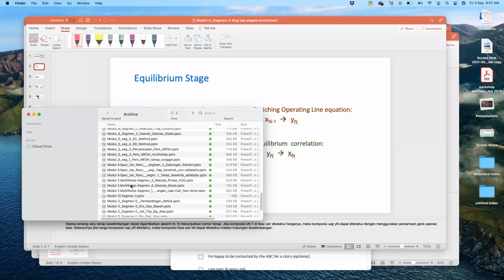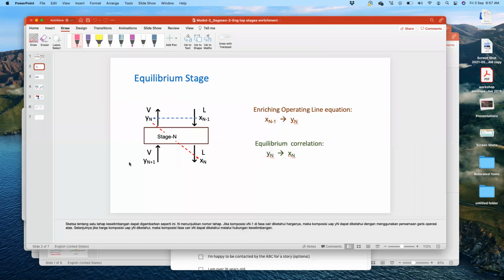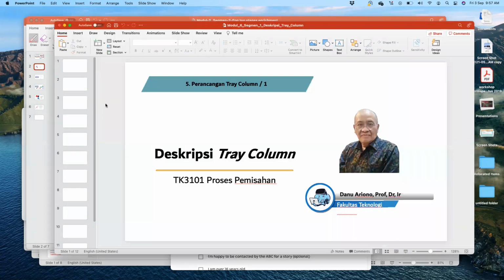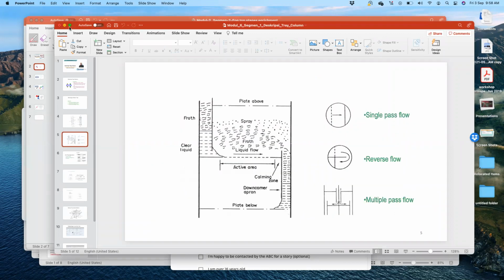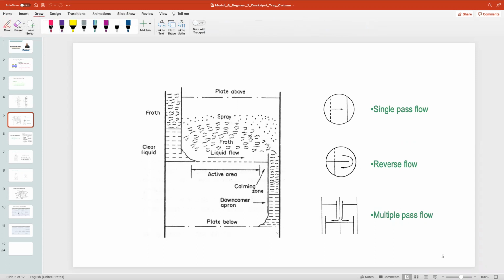So you get an idea of what happens inside the tray column. This is what the tray column looks like. This is still a few weeks ahead, but this is what happens in the tray column. So this one is one tray. If I can draw it here, this is tray N.